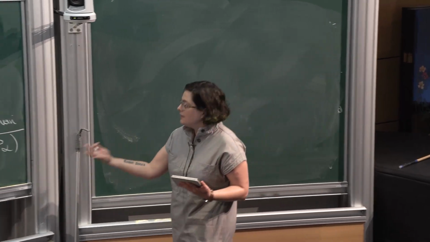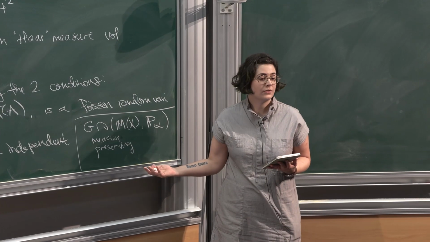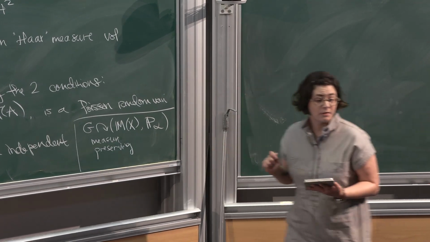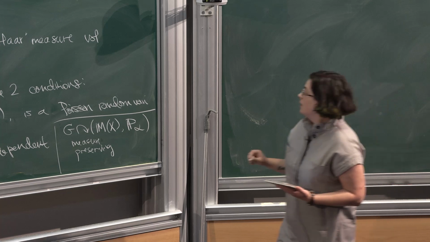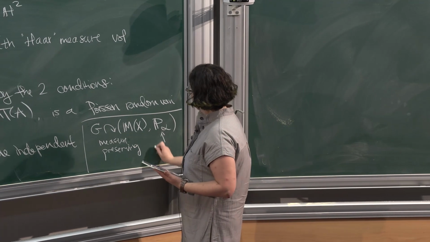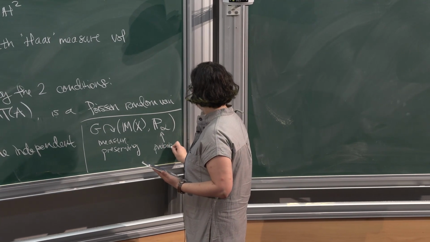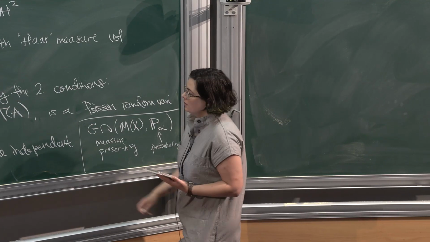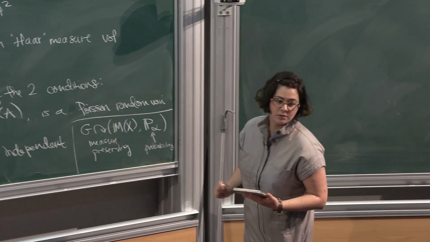So then also thinking of these as measure preserving. The P alphas are the set of pies? By P alpha, I mean this is the probability measure, the probability law that we just described in this definition. Okay.